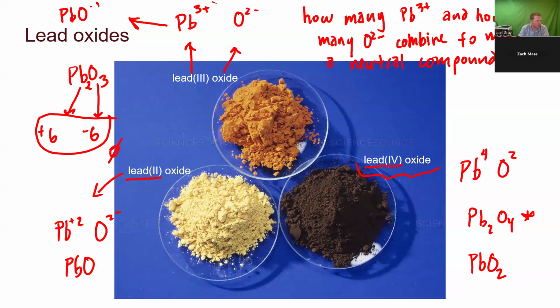Because remember, I've got a lead(III) cation and an oxide ion with a 2- charge. So the little trick that you can use is to take the numbers representing the charges and make them subscripts.